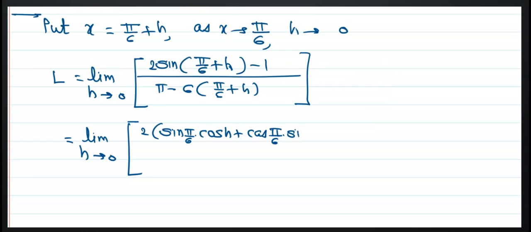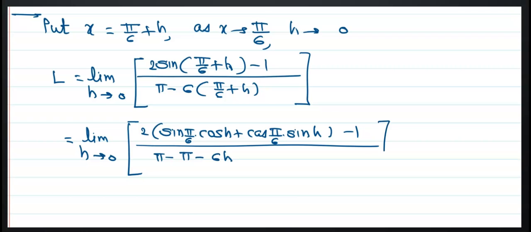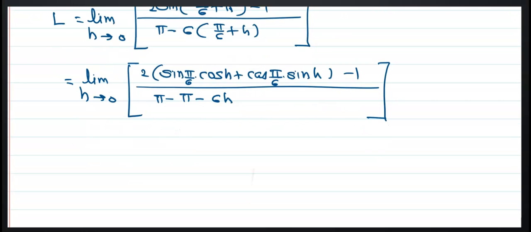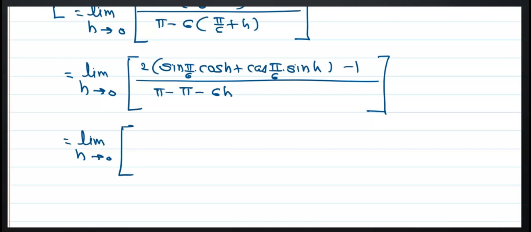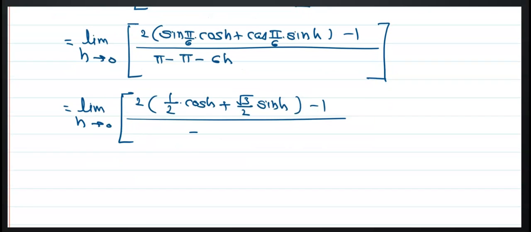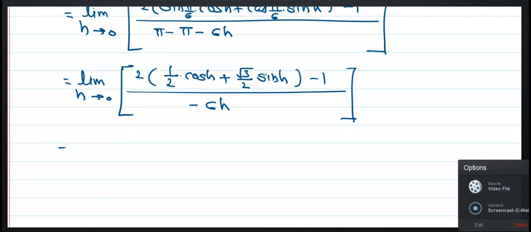Now this is the expansion, sine of pi by 6 into cos h plus cos of pi by 6 into sin h, bracket complete minus 1, and in the denominator pi minus 6h. Now that is a limit h tends to 0. That is 2 in bracket 1 upon 2 cos h plus root 3 upon 2 into sin h minus 1 upon minus 6h.